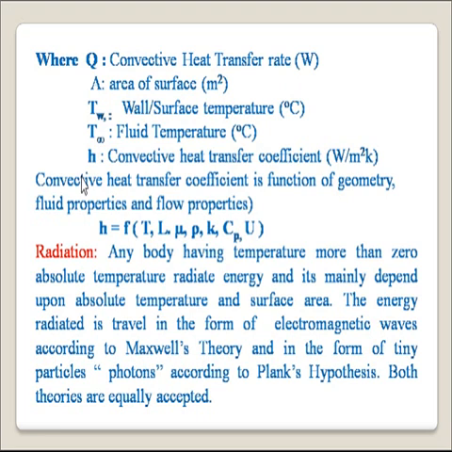So convective heat transfer coefficient h is a function of temperature, length meaning area or geometry, then mu viscosity, rho density, k thermal conductivity, Cp specific heat, U velocity. So h is a function of number of parameters.